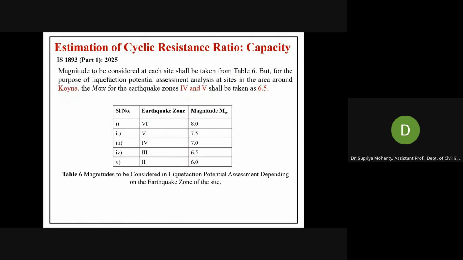Then it is recommended that if the site is near the area around Koyna, you need to consider the maximum value of earthquake magnitude to be 6.5, and for the other respective zones, the magnitudes are given here in Table number 6, you can check the code.